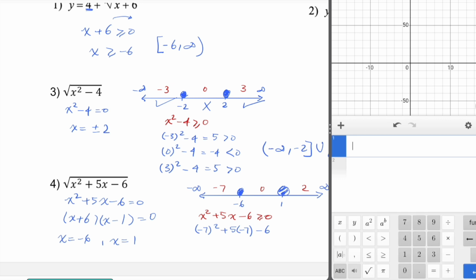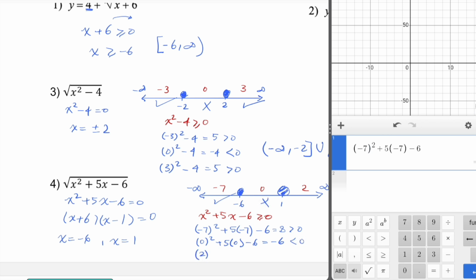If you have your physical calculator, that would be easier for you. The answer is positive 8, greater than 0, so correct. If I substitute the 0, I will get minus 6, and this is less than 0, no. And finally for 2, I just change this to 2, come here, change this to positive 2, I will get also an 8, which is positive, and this is what I'm looking for.